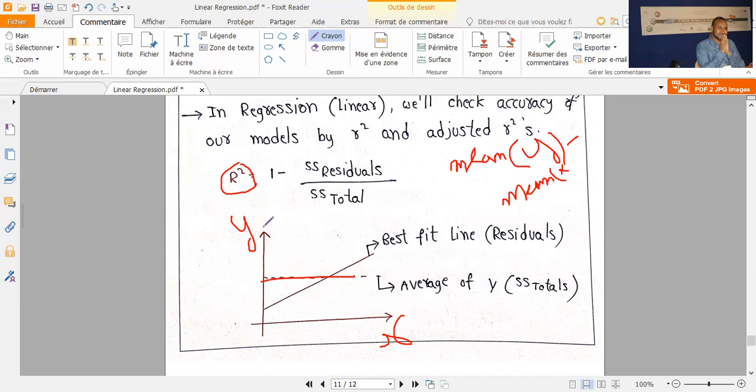That means 16% of the variation between x and y is explained, it's captured by the model. That means this relationship is able to explain 16% of the variation.